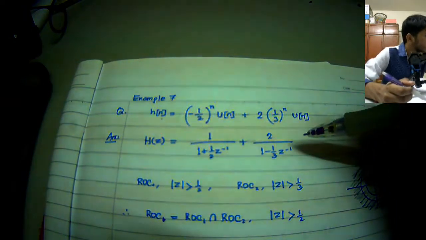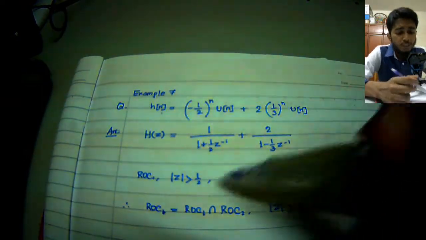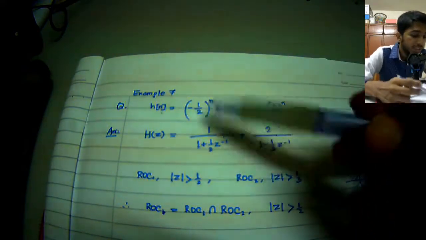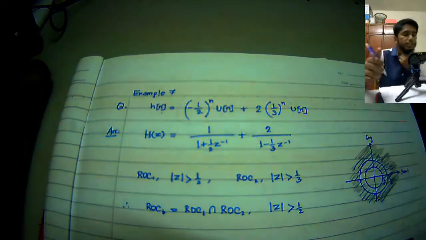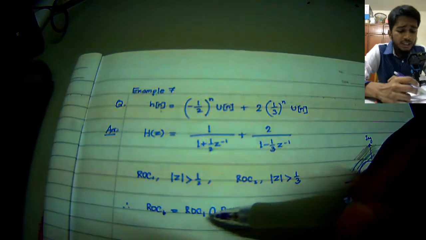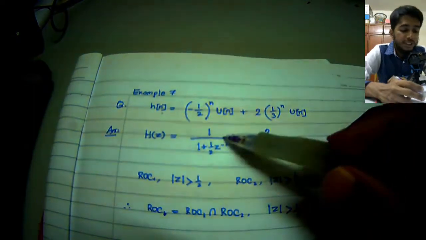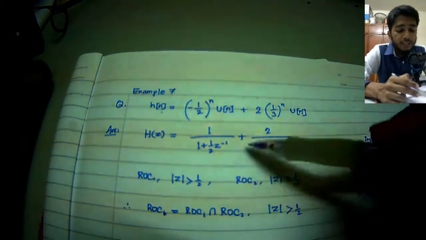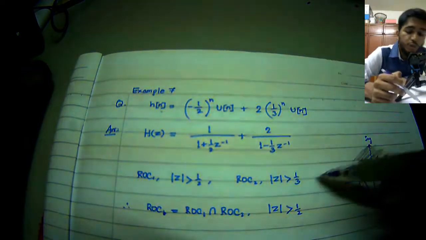Now if we move to the issue regarding the ROC of the event, we can see that according to our transformation properties, the ROC is ROC1 intersecting with ROC2. From here we see that ROC1 was z greater than half and ROC2 was z greater than 1 over 3.